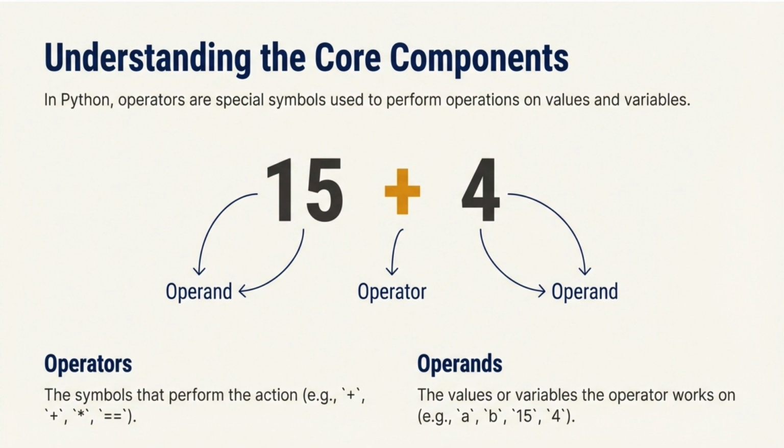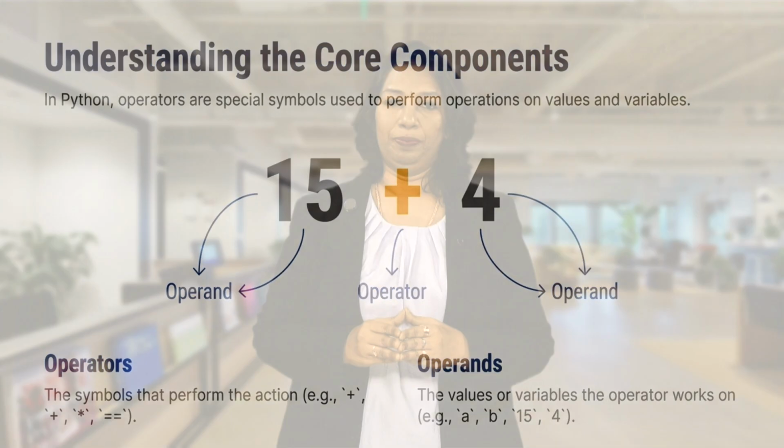They are the values being acted upon. The plus symbol in the middle is the operator, which tells Python what action to perform. So, operators perform the action and operands are the data involved. Together, they form the building blocks of every expression you write in Python.